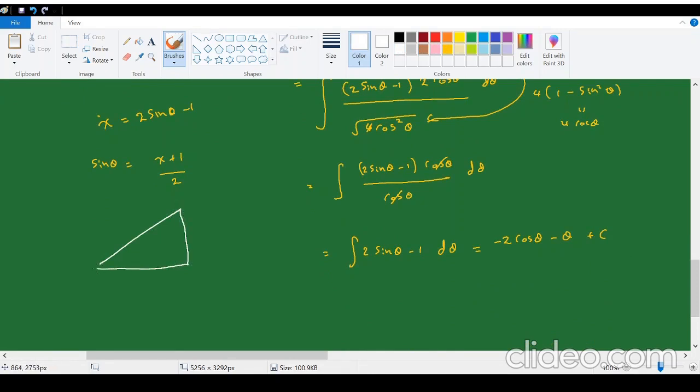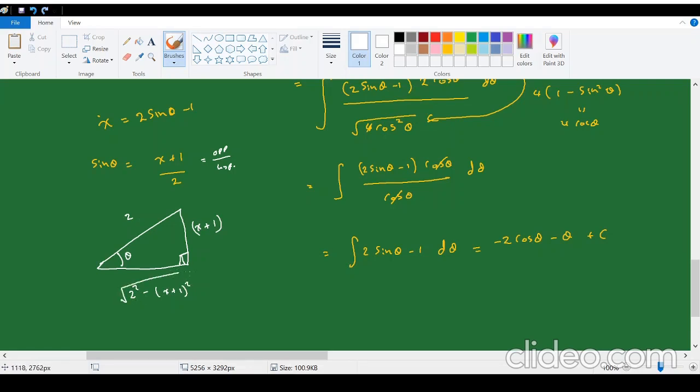So if we have a right angled triangle, and this is theta, and this is the 90-degree angle, this should be the opposite side and this should be the hypotenuse. So the opposite side will be x plus 1 and the hypotenuse will be equal to 2, and therefore the adjacent side, from Pythagorean identities, will be equal to the square root of 2 squared minus x plus 1 squared.